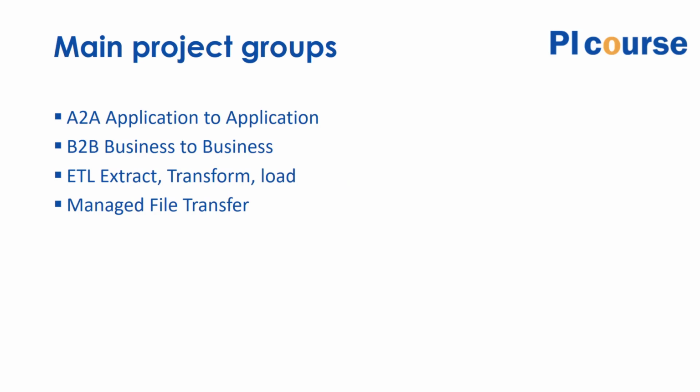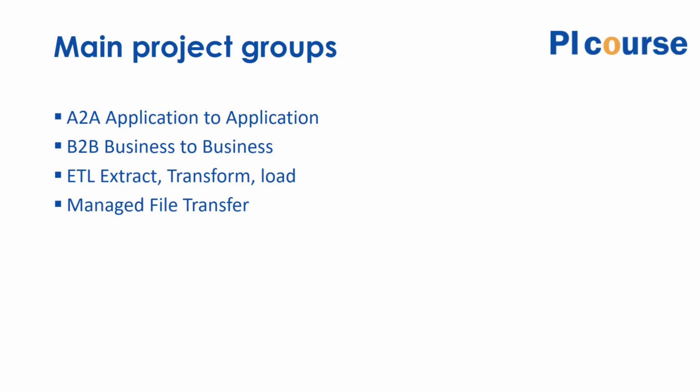So there's some main project groups that we're talking about when we're talking about integration and where the PI makes sense. So there's the A2A, which is application to application integration. You got B2B, which is more expanding reach out to third party customers or vendors and expanding your business network.